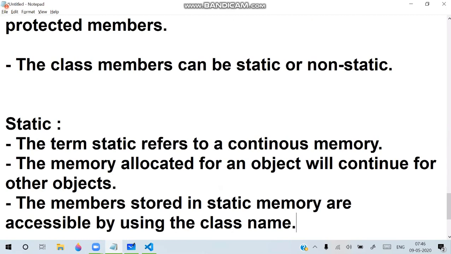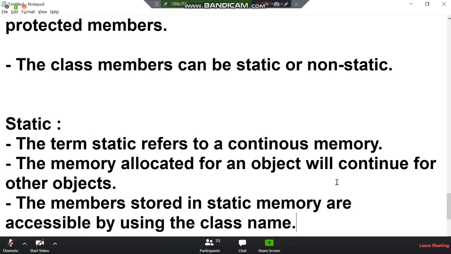That is basically about static. I will explain it in an example. We have to prove these terms also. Whatever points we mention, we need to prove them. I will show you that.